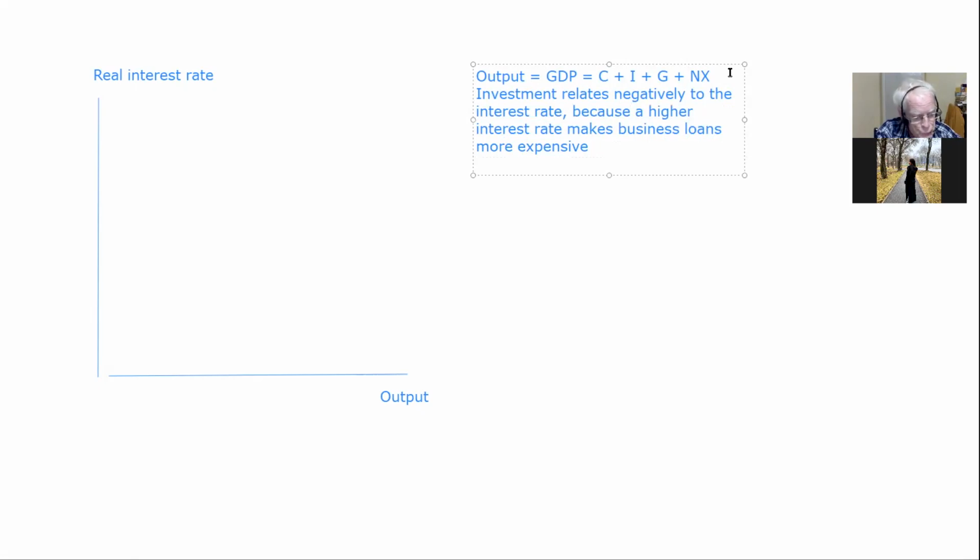And then net exports, also called exports minus imports. Net exports also relate negatively to the real interest rate. Why?